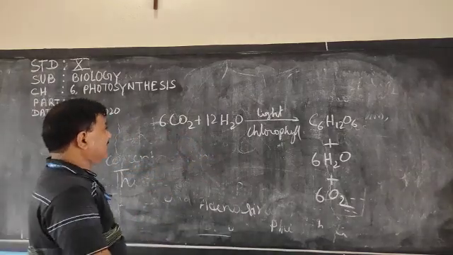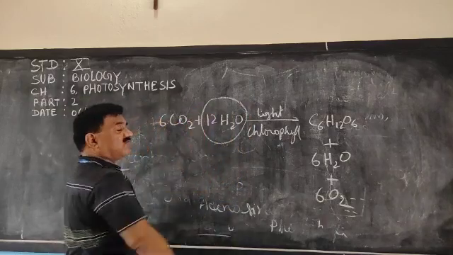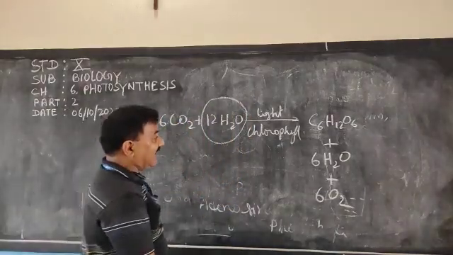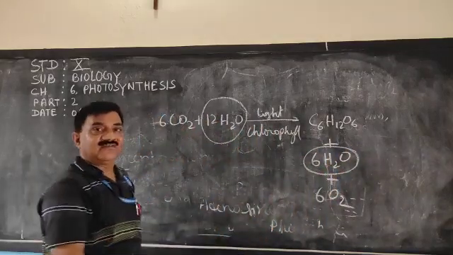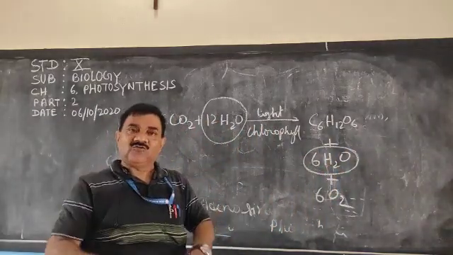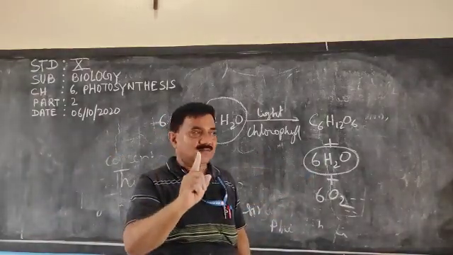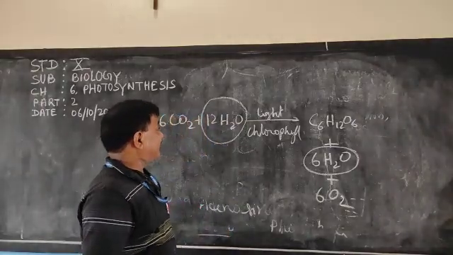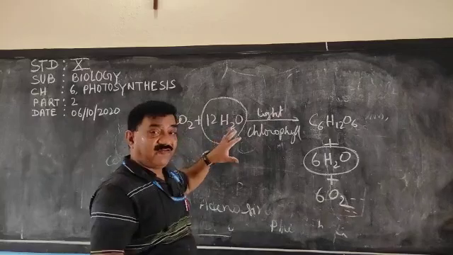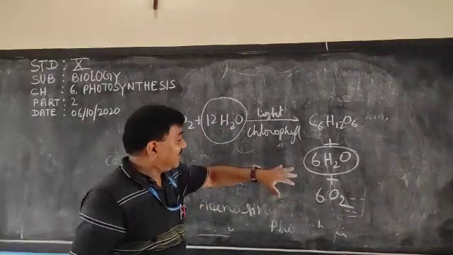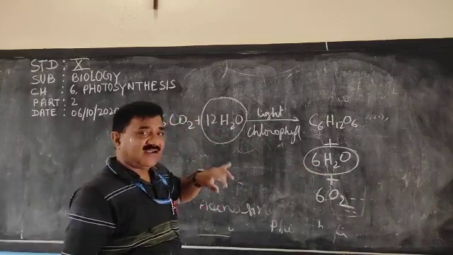My question: 12H2O, 12 molecules of water, is required, and you can see 6 molecules of water are released. Does it mean it takes 12 and releases half? No, that is not the answer. It takes 12 molecules of water for photosynthesis, and this released water is not part of the original water.